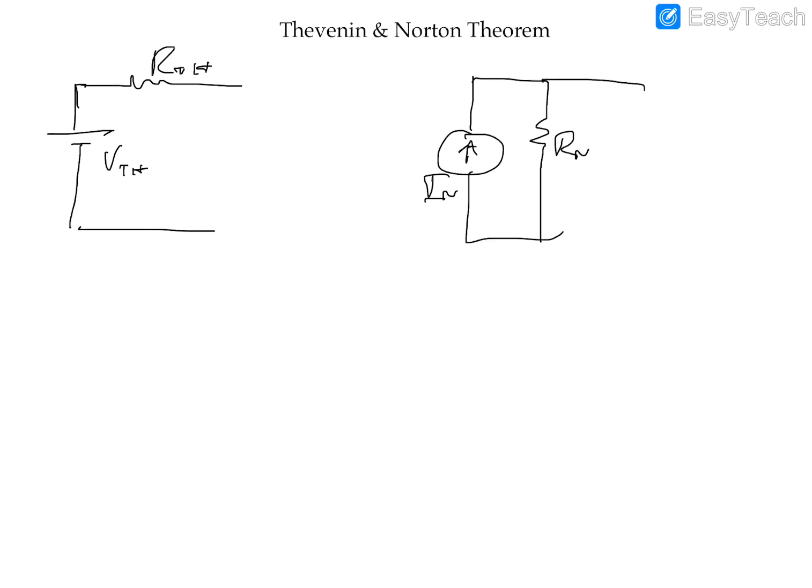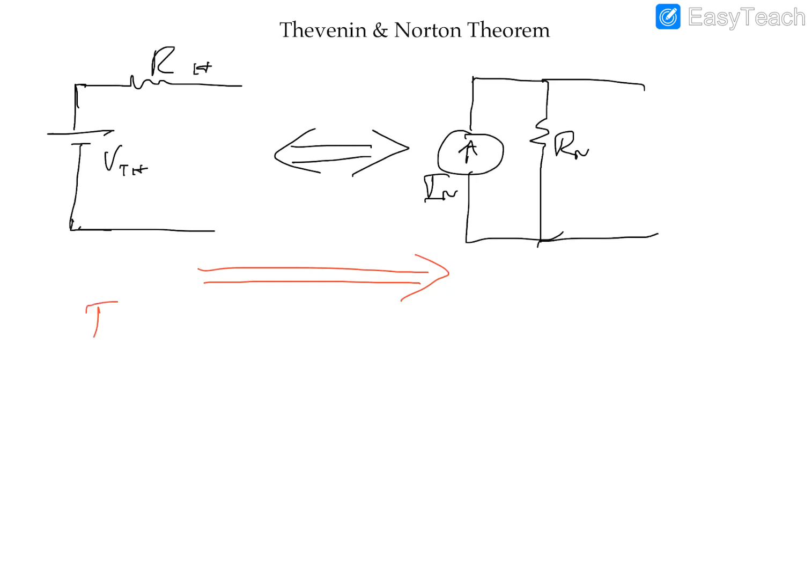Norton circuit right here. So these two circuits are interchangeable. So if you have a Thevenin circuit and you want to go to a Norton circuit, you can use simple Ohm's law to get your Norton's current as your Thevenin's voltage divided by your Thevenin's equivalent resistance.